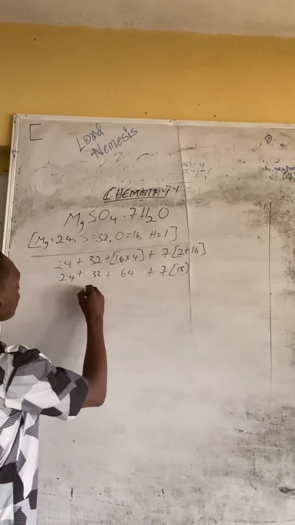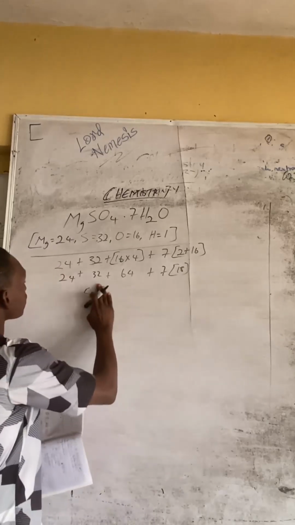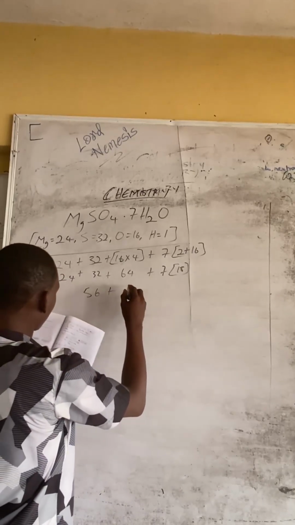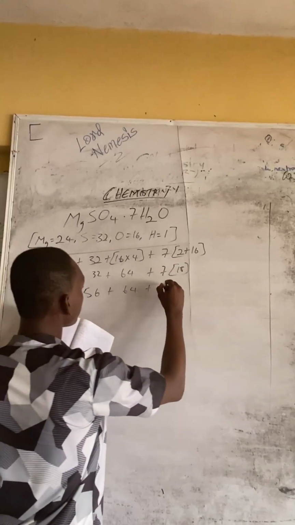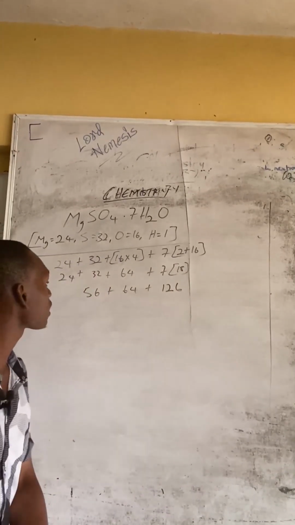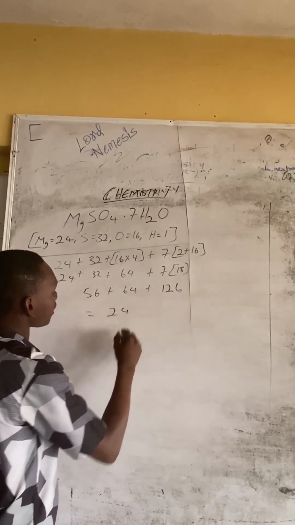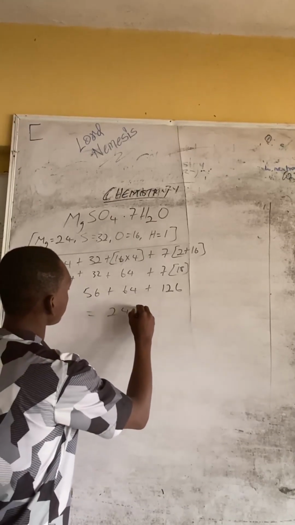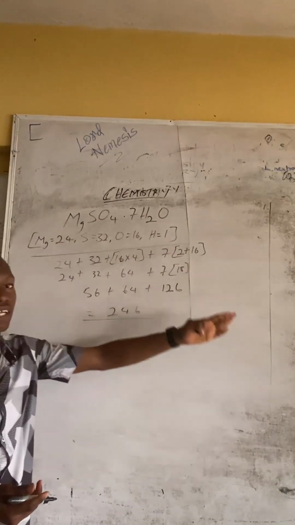We should be getting 56 plus 64 plus 7 times 18, that's 126. And if we sum all these numbers, our answer will be 246. So this is the relative molecular mass of this hydrated salt.